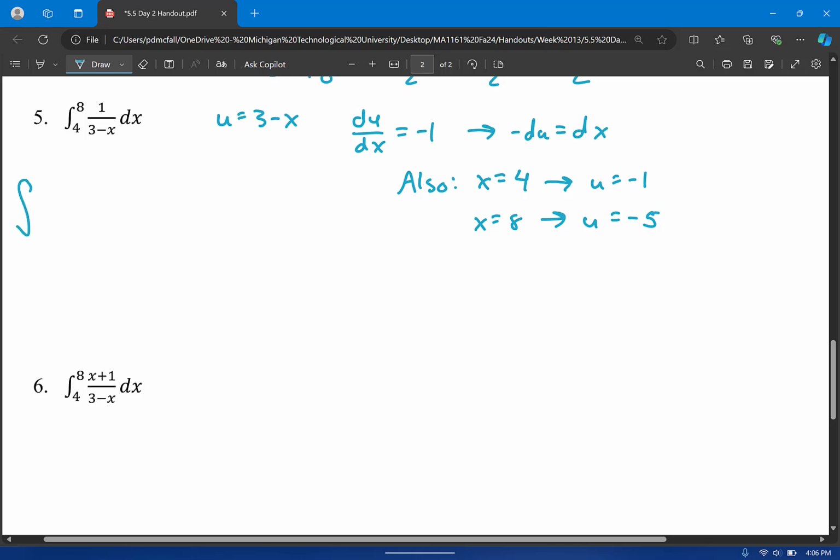Instead of 4, we have -1. Instead of 8, we have -5. And then we have 1 divided by 3 minus x. But 3 minus x is what we let u be equal to. And dx is equal to -du. So -1 du.